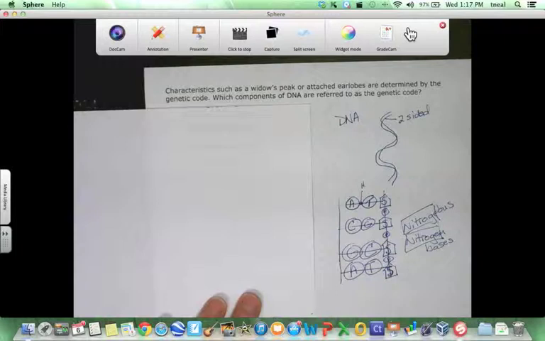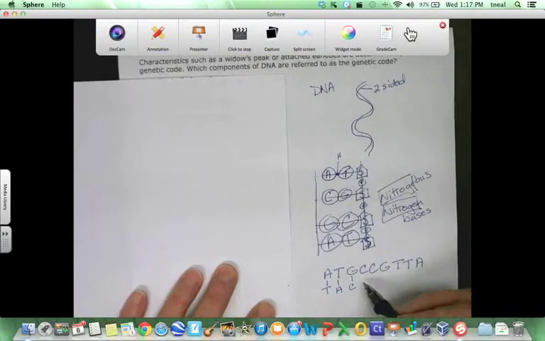You might have also remembered that your teacher made you do a whole bunch of these where you had to pair them up according to their complementary nitrogen base. So adenine always goes with thymine, thymine always goes with adenine, guanine with cytosine, cytosine with guanine. You get the picture, all right?